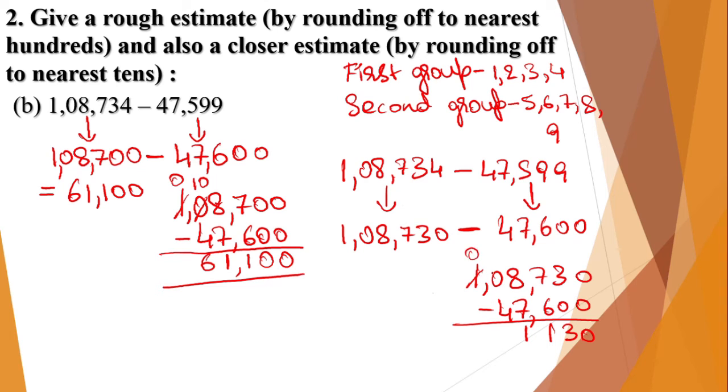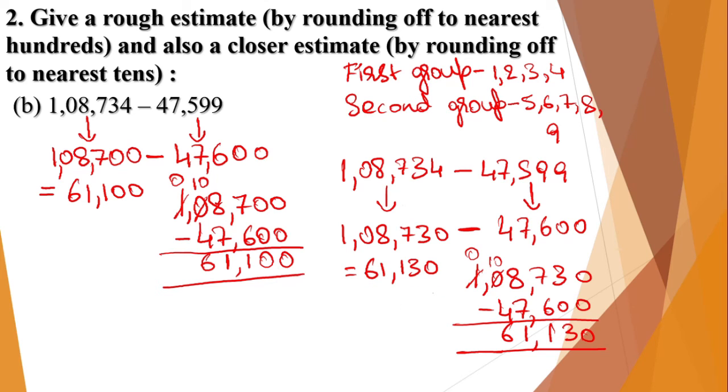So 1 will become 0 and 0 will become 10 and 10 minus 4 is 6. So we will get our answer as 61,130. So you can see here we got 61,100 earlier. Now we are getting an even more accurate answer. So as I said, if we estimate to smaller numbers like tens, we will get an even more accurate answer. So we will get 61,130 here.